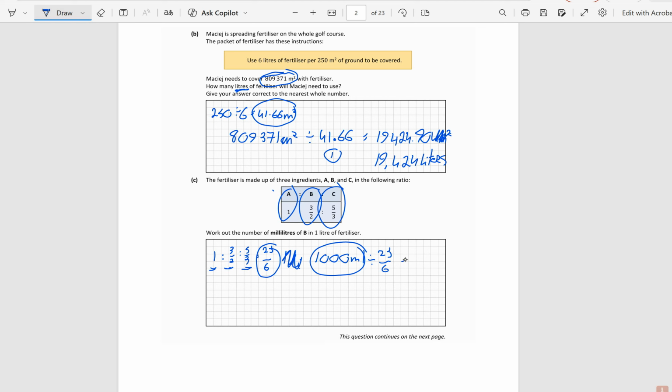And that will give us 240. And then we multiply it by this one here, okay, the B, which is 3 over 2. Why? Because we're looking for the amount of milliliters in B. So it's 240 multiplied by 3 over 2. And that gives us 360. And be careful, put in our milliliters.